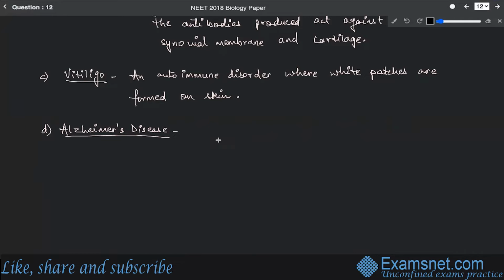All right, because Alzheimer's disease is because of the deficiency of the secondary messengers in the body, and that too in the brain, you can say specifically. So this is not an autoimmune disorder.